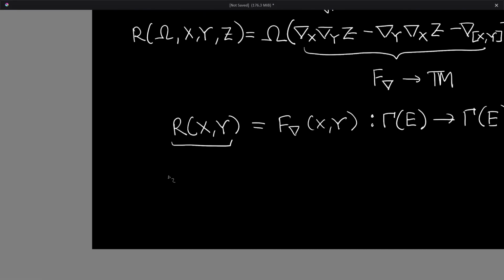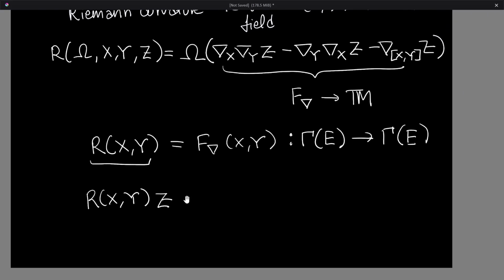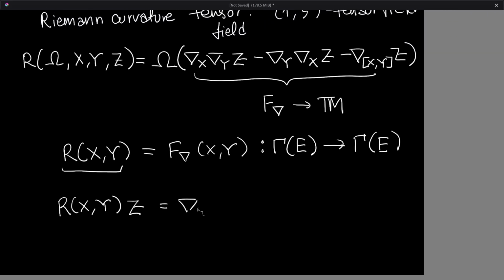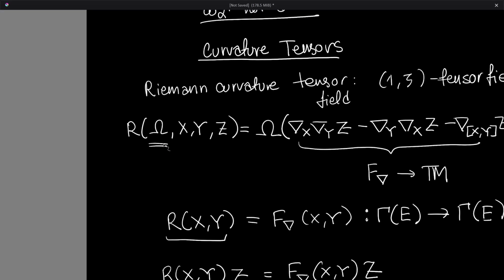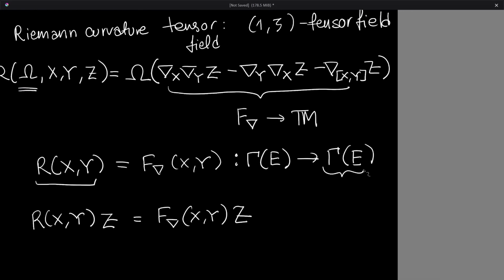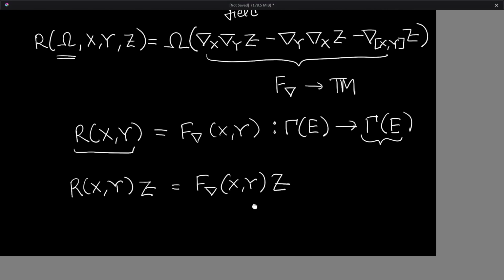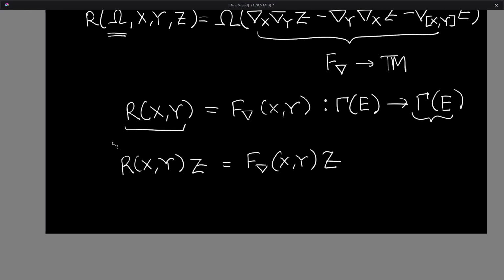So we multiply it like a matrix, and we define this as F nabla xy of z. Then we just omit the last input. Every tensor returns a scalar, but if we remove the last covector input, then we get a vector field, right? So this is the usual format in which we see the Riemann tensor.